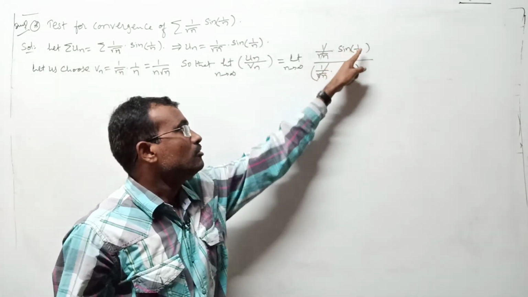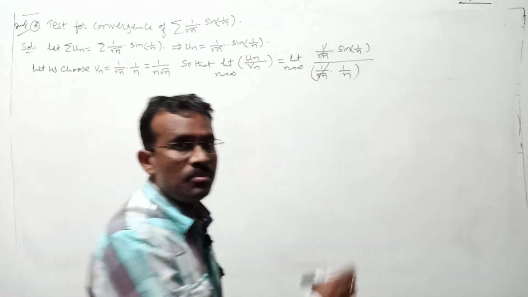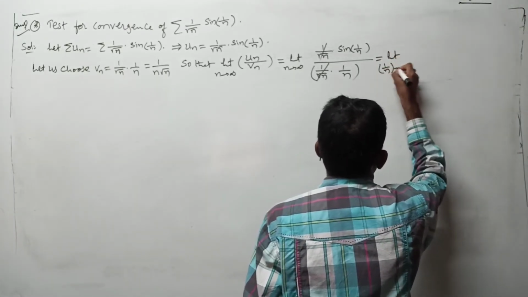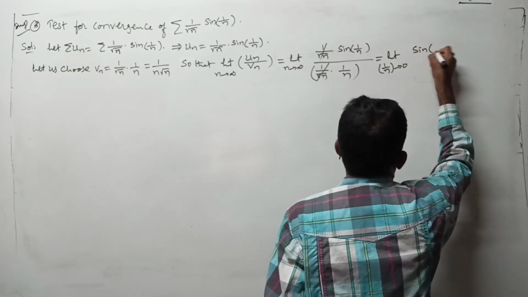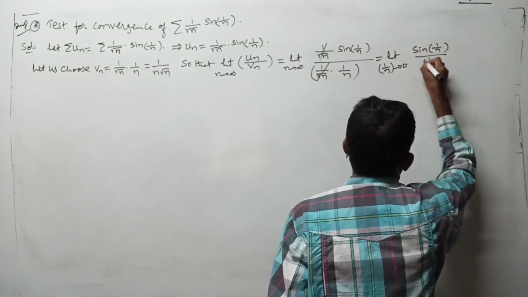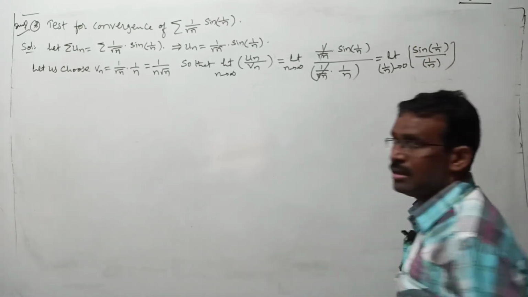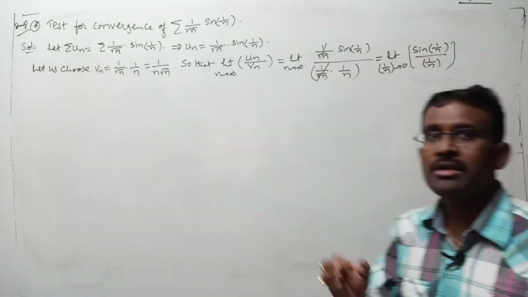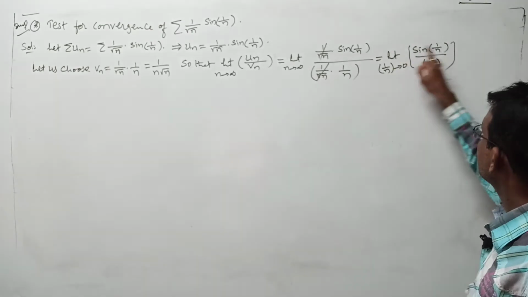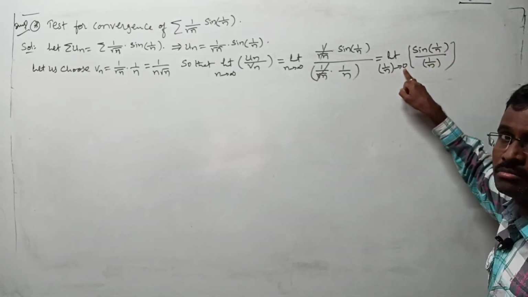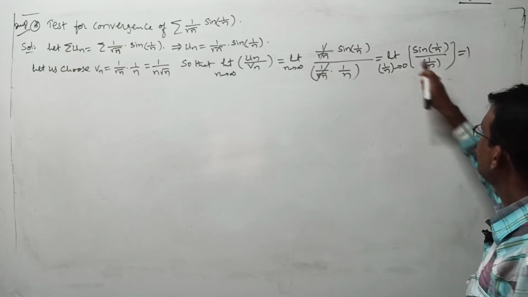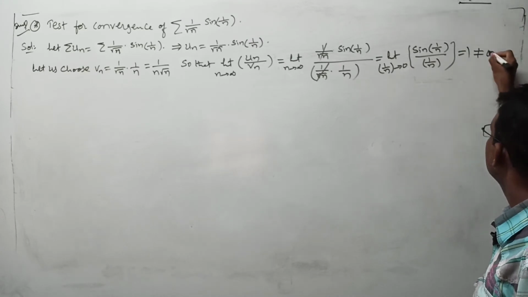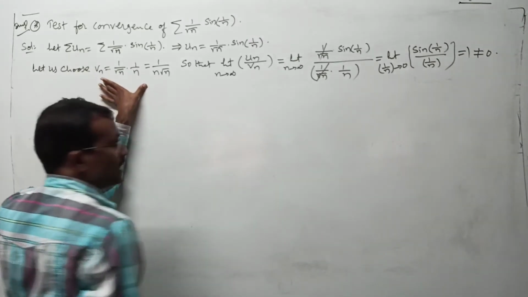As n tends to infinity, 1 by n tends to 0, so this is the limit as 1 by n tends to 0 of sine 1 by n whole by 1 by n. Let 1 by n be theta. The limit of sin theta by theta as theta tends to 0 is 1, which is not equal to 0. So this selection is absolutely correct.